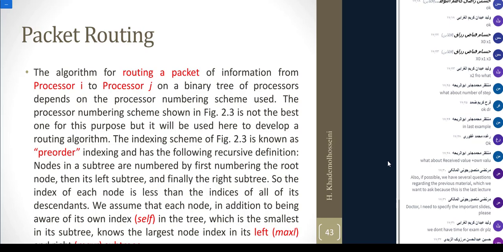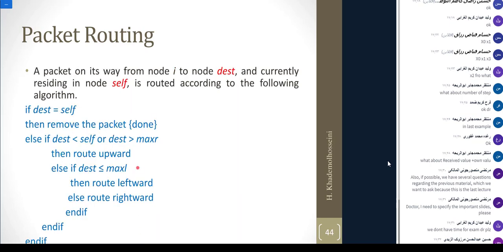If dest is smaller than self, or greater than max R, then route upward.